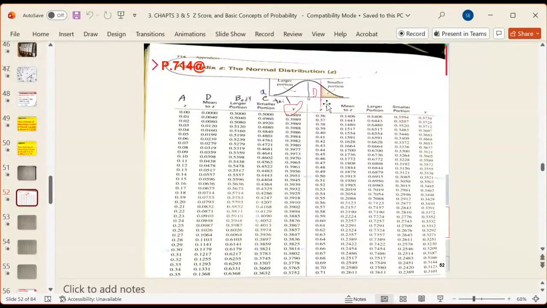The red line is the Z. So the area between the Z and the mean, or mean to Z, we call D, and I wrote D in there. Then the next one is called larger portion, and the other one is called smaller portion. We call the larger portion body, B, and the smaller portion tail, C.